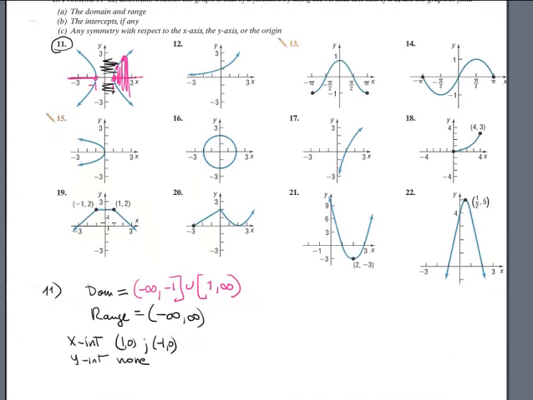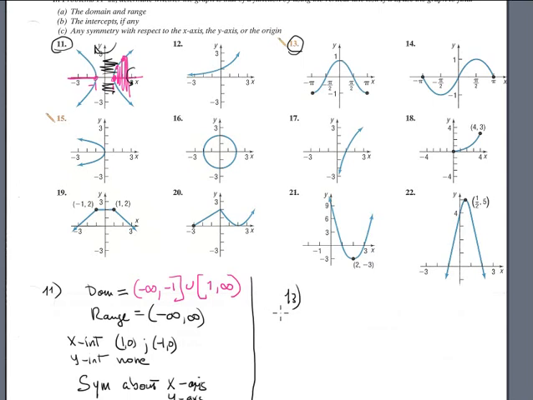And the symmetry is about both the x-axis and the y-axis, because when you flip it, this stays the same, rotate in this direction and rotate in this direction. That is 11.